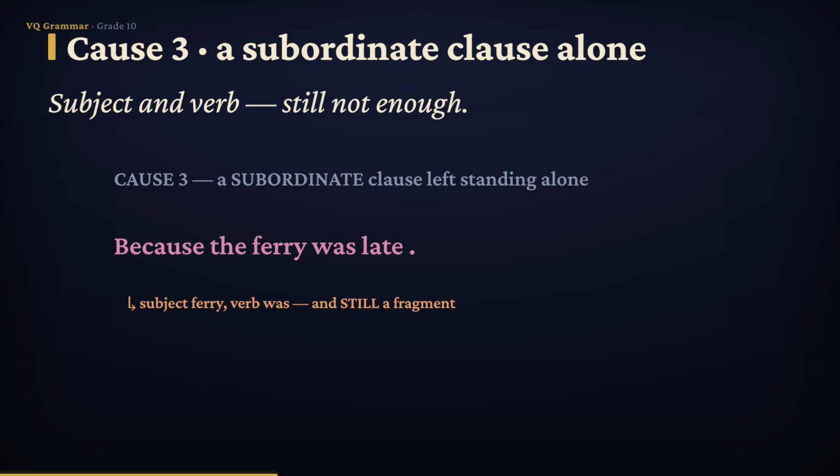Why? Because of that first word. Back in Lesson 24, we met subordinating conjunctions. Words like because, although, when, since, and if. The moment one of them opens a clause, that clause can no longer stand by itself. It leans on something else.